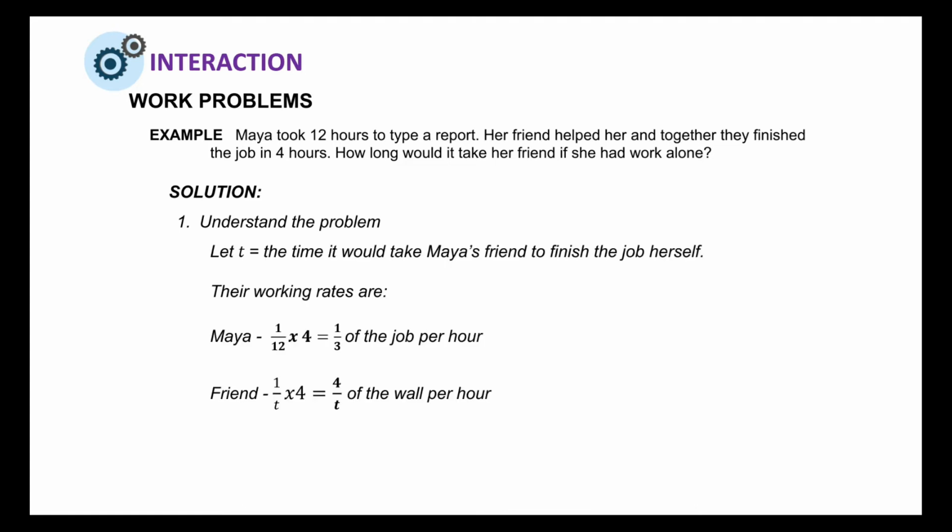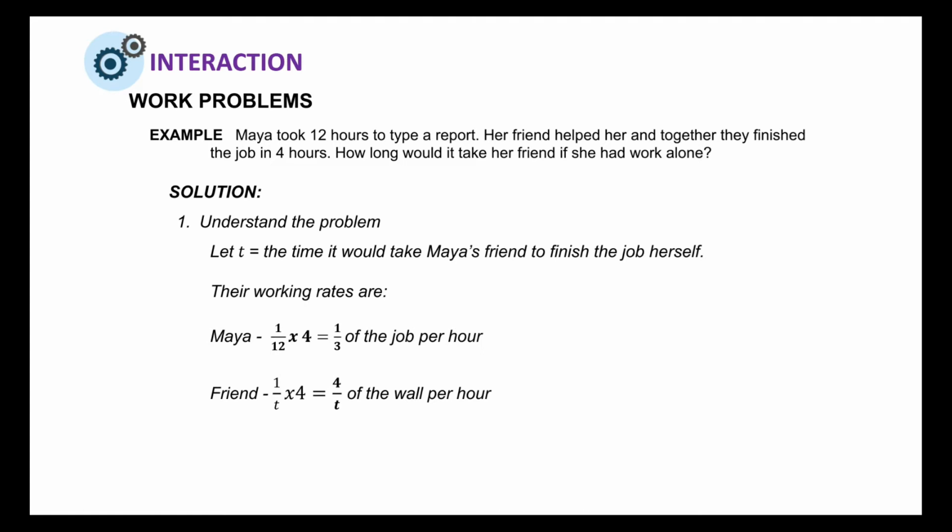Step 1. Let t be the time it would take Maya's friend to finish the job herself. Their working rates are, for Maya, 1 over 12. And since if they work together they can finish the job in 4 hours, we have to multiply that by 4. So 1 over 12 times 4 is equal to 1/3 of the job per hour.